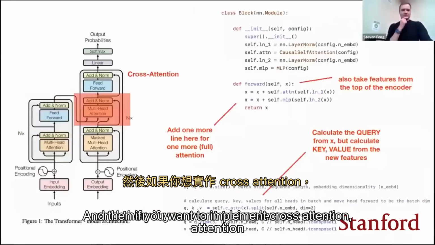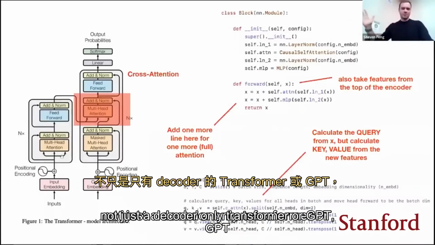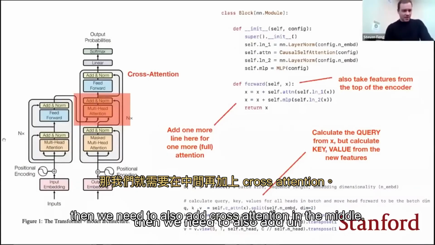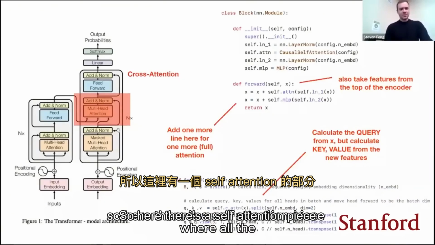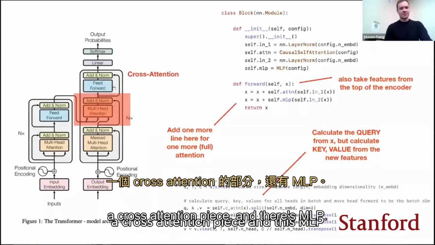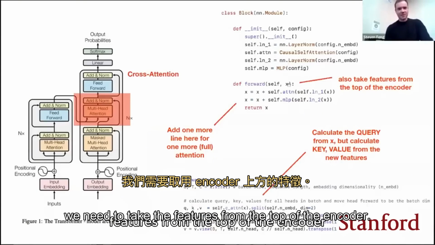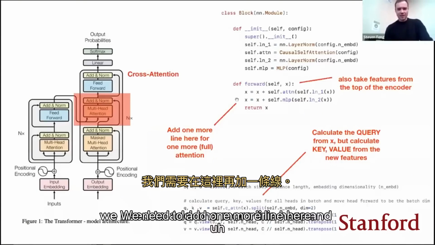And then if you want to implement cross attention, so you have a full encoder-decoder transformer, not just a decoder-only transformer or GPT, then we need to also add cross attention in the middle. So here there's a self-attention piece, a cross-attention piece, and there's the MLP. And in the cross-attention, we need to take the features from the top of the encoder. We need to add one more line here.